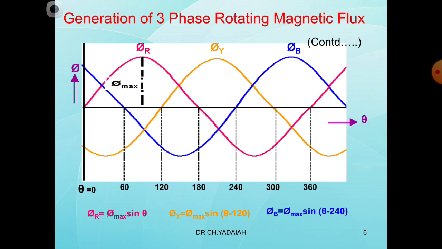So we represent it in phasor diagrams. The phi r value is phi max sine theta, and for the Y phase it is phi max sine theta minus 120 degrees, because it is lagging by 120 degrees. The R phase we take as the reference, and the B phase is phi max sine theta minus 240 degrees.